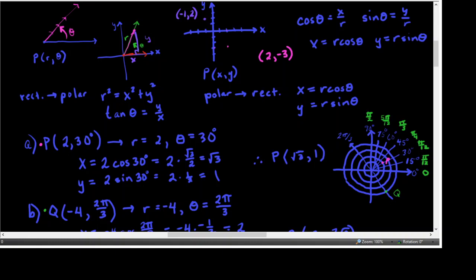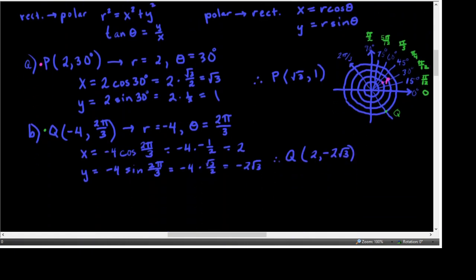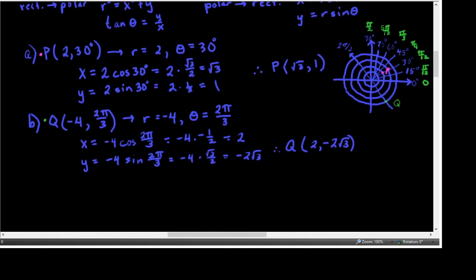Now, if you'll look at the answer for Q, if I said, okay, ignore the work over on the left side, and I just plotted that point and asked you, what are the coordinates of that point? Well, for one thing, you could have used degrees instead of radians, but that's not what I'm trying to talk about here. So let's say you're still in radians. What could that be?